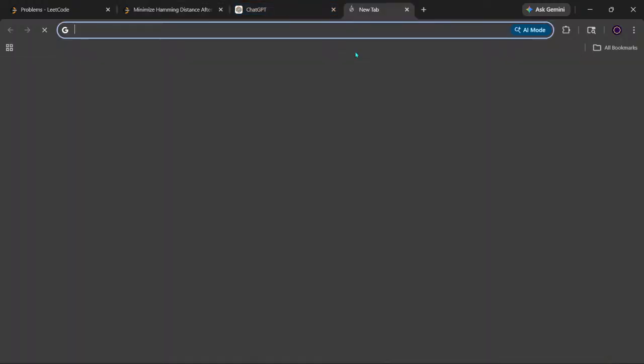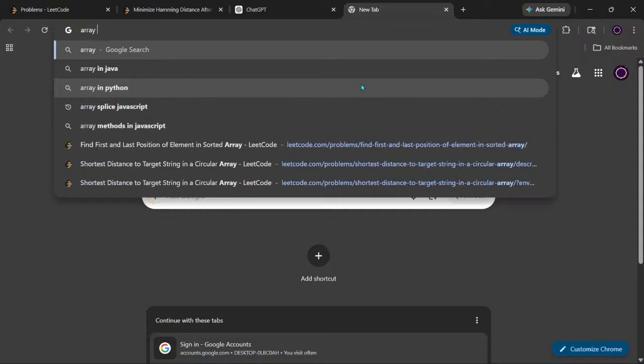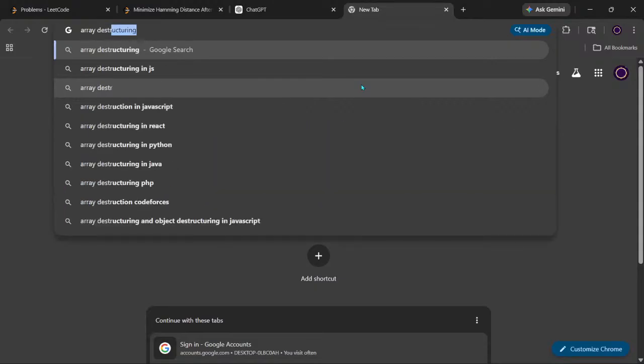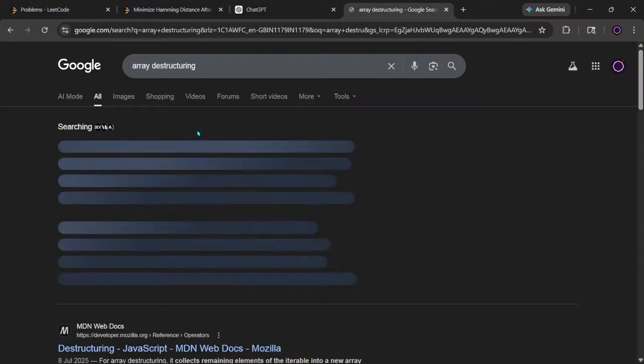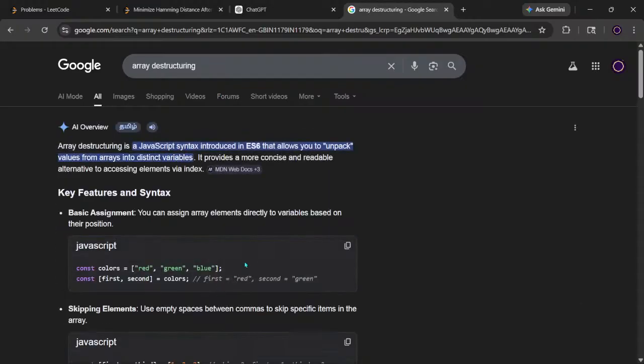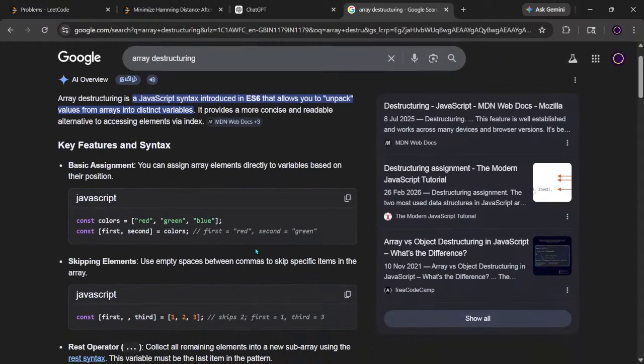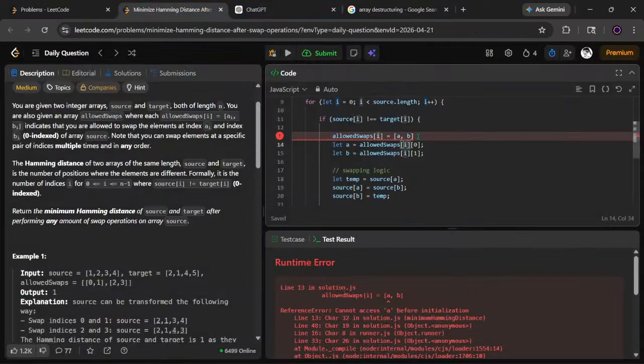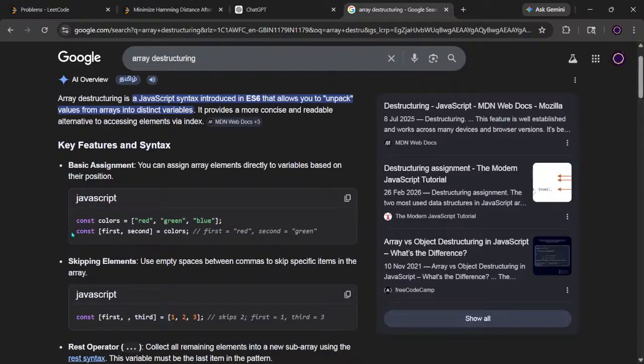Array destructuring. Okay, we did something wrong here. I think this should be something like this. Maybe this should be coming first, like the bounds value.